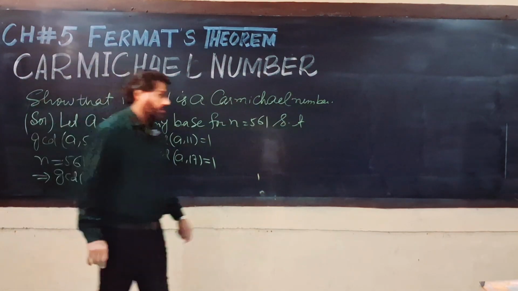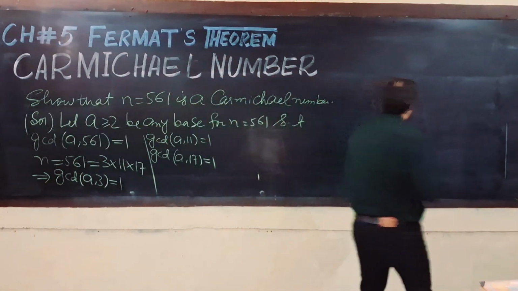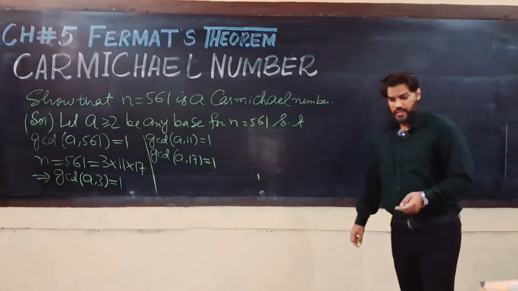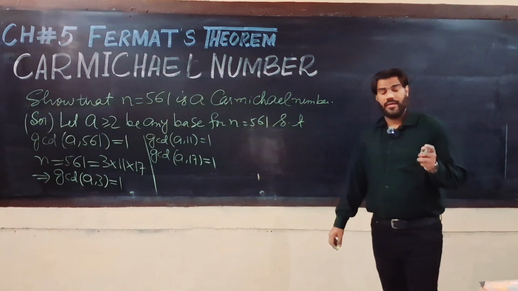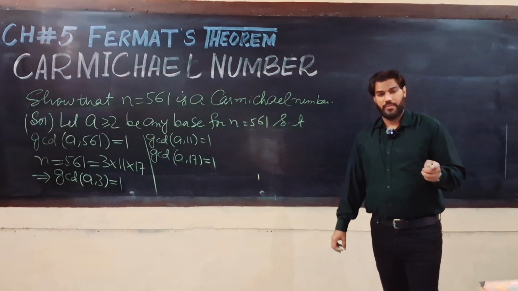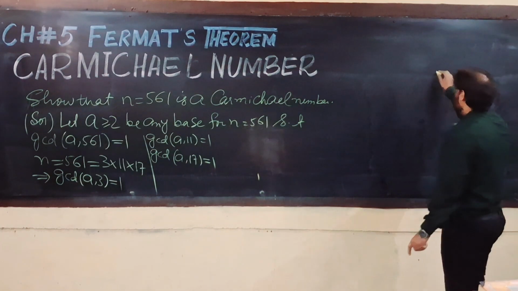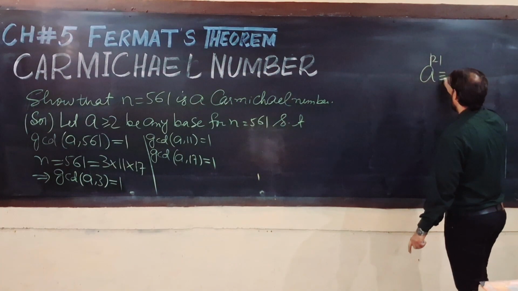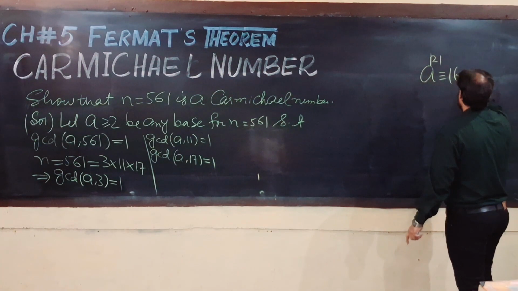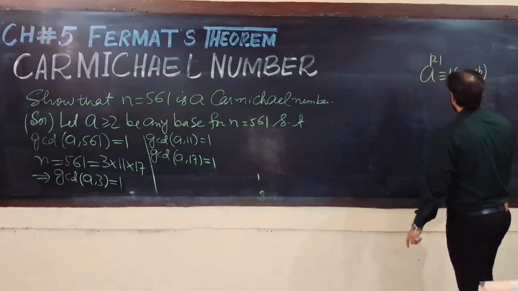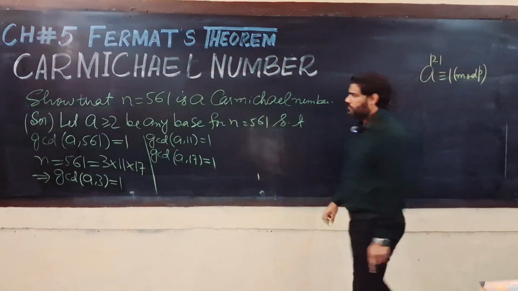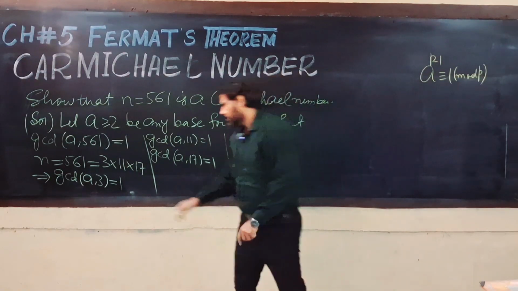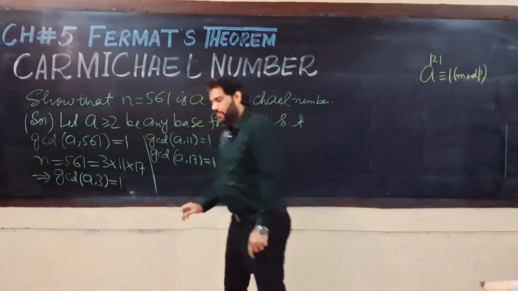What is Fermat's theorem? Fermat's theorem says if p is any prime and a is any integer, positive, negative or 0, such that a and p are co-prime, then a raised to power p minus 1 is congruent to 1 modulo p. So we will use Fermat's theorem separately for all of these primes.